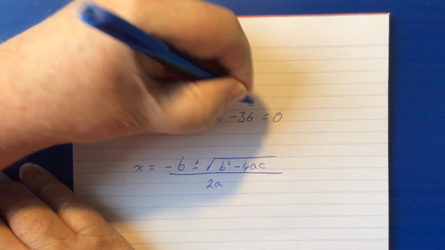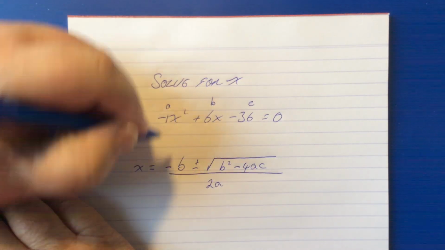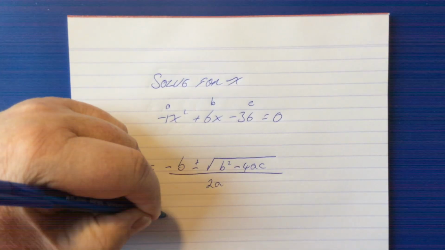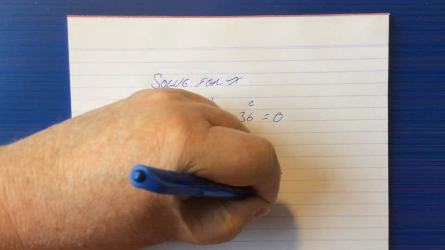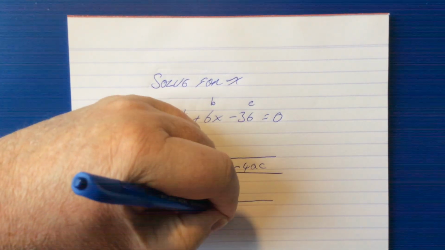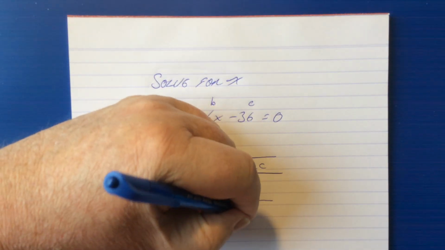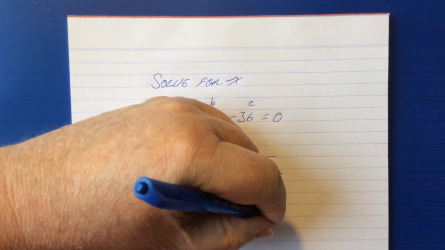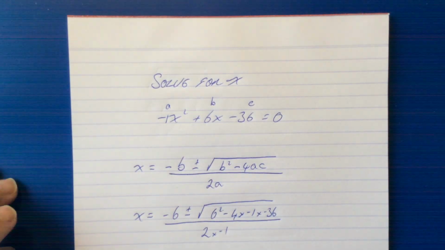So that's c, that is b, 6 is b, and this is a, negative 1. So putting this into numbers, it is negative 6 plus or minus the square root of 6 squared minus 4 times negative 1 times negative 36, all over 2 times negative 1.